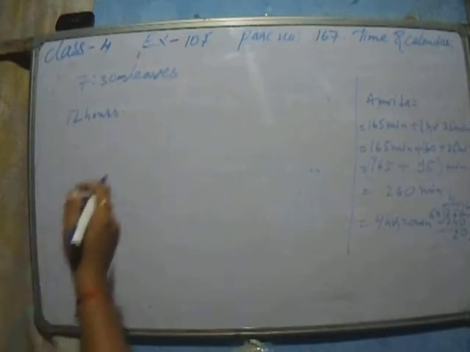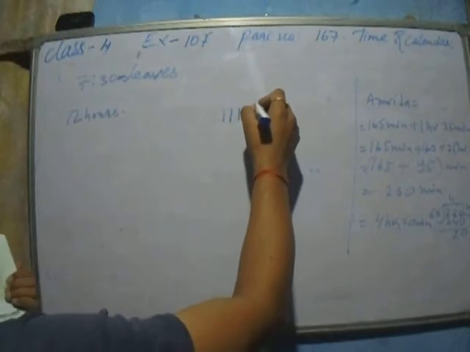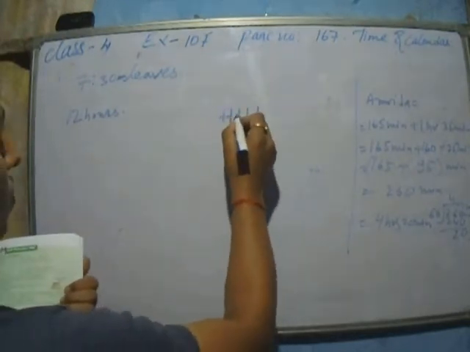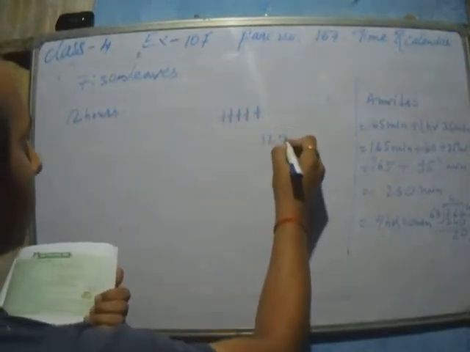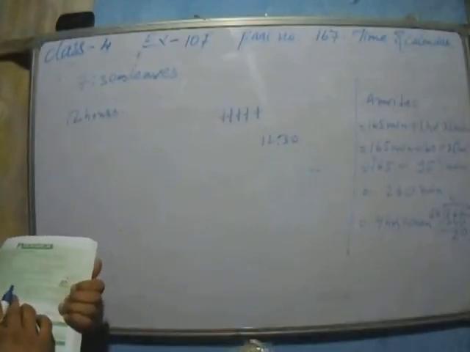So 7:30, so 8:30, 9:30, 10:30, 11:30, then 12:30, okay. That means 1, 2, 3, 4, 5 hours get added over here. We got here 12:30. Now here how much time we need to subtract from here?